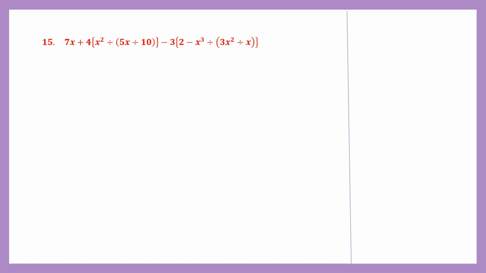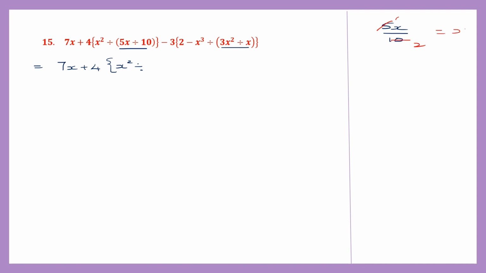So here we have the curly brackets and the common brackets, again curly and the parenthesis. So let's work out these first. Everything else remains the same. So 7x plus 4, and then we have the curly brackets, x squared divided by, now 5x divided by 10. Now here we can cancel. 5 ones are 5, 5 twos are 10.